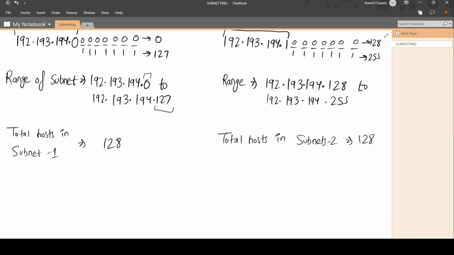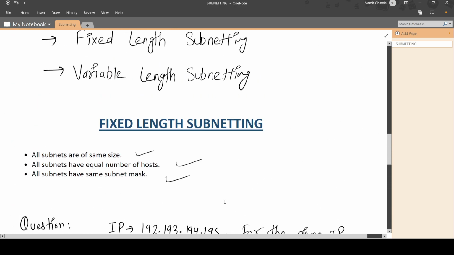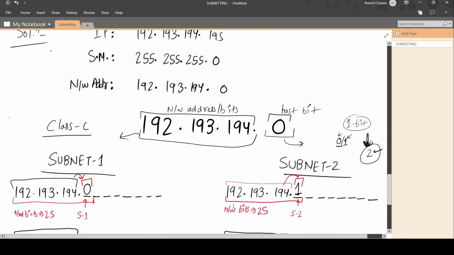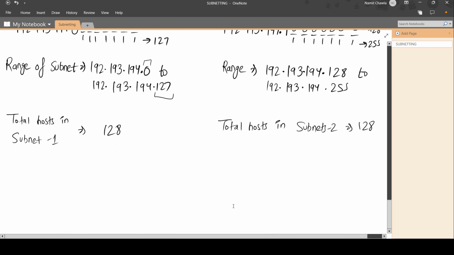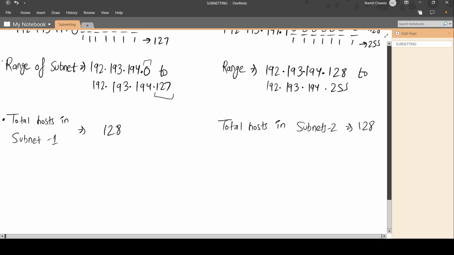And the first point, if you remember, was that all subnets are of the same size. Okay, this is the total number of hosts. All right, so I'll make a bullet point over here as well, on the right.